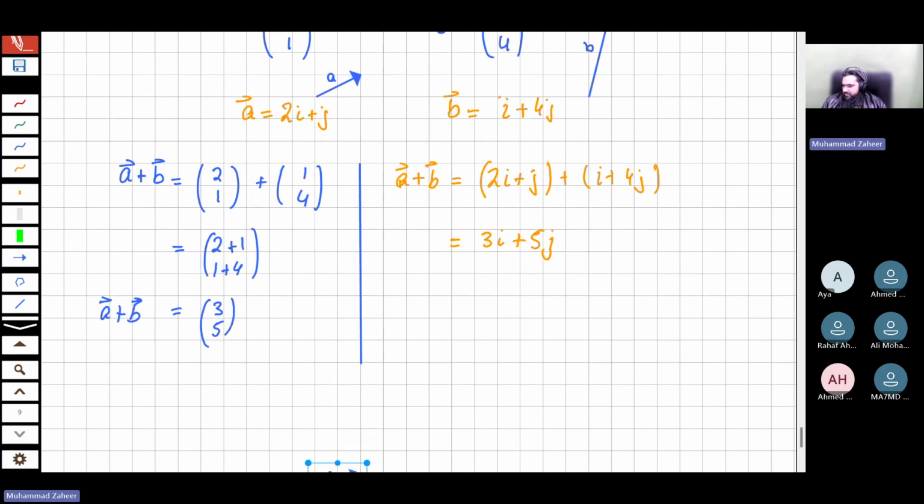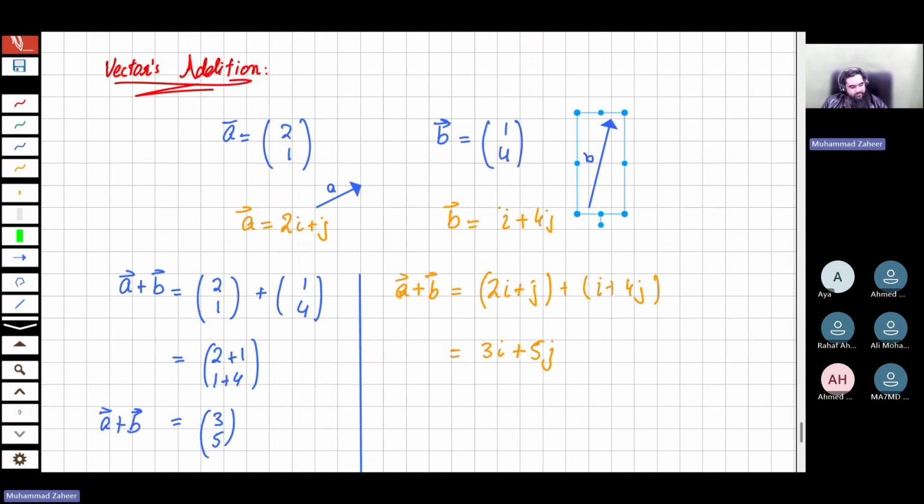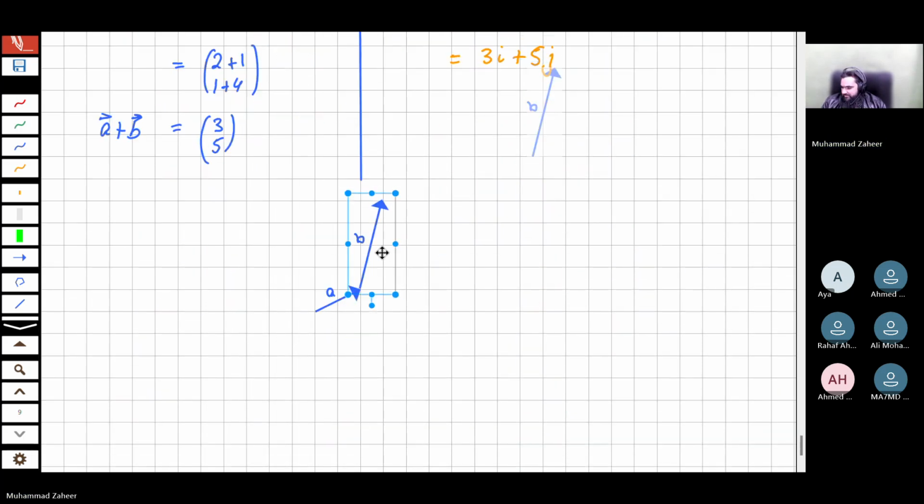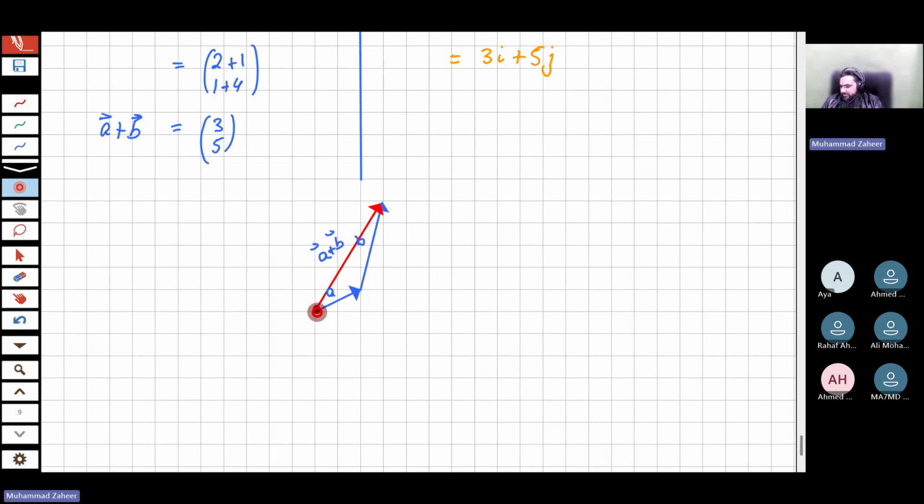This is the vector A, and I'm going to take the vector B. So ultimately you are going to get the final vector that starts from the tail of the first vector and ends at the head of the last vector. This represents A plus B. You can check them. For the red one, there are 3 i's, 1, 2, 3, and 5 j's, 1, 2, 3, 4, 5. They are the same.